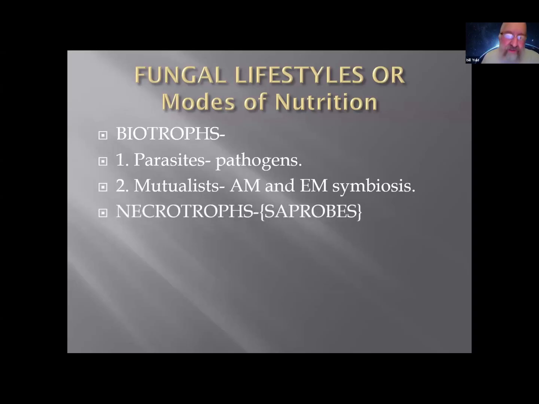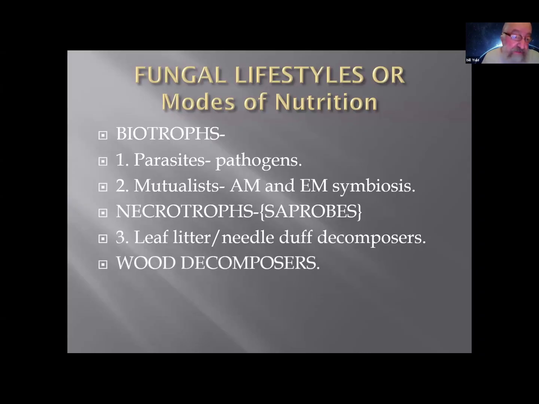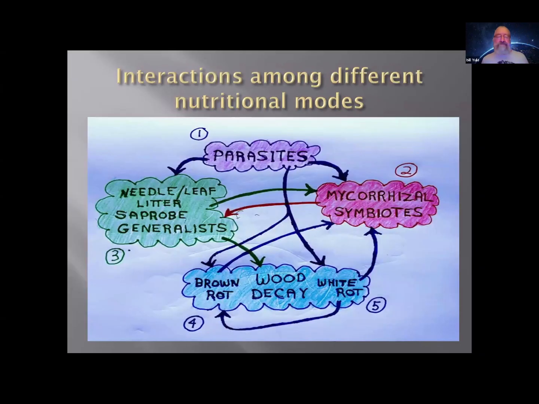And then we have the necrotrophs or the saprobes, and those are the fungi that feed on things that are already dead. And we have leaf litter and needle duff decomposers, and then we have the wood decomposers, the white rotters, and the brown rotters.